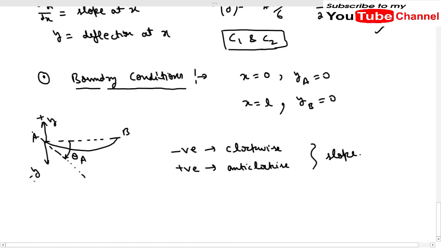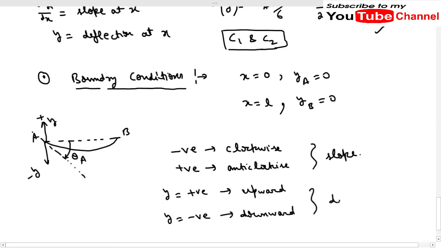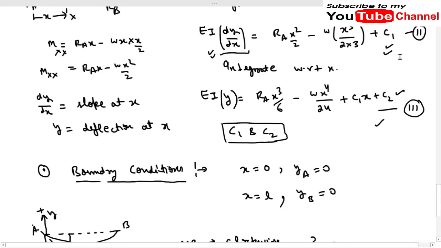So if we get a positive value of y, it means that the deflection is upward, and if we get a negative value of y, it means the deflection is downward. So this is the criterion for deflection. You can also visualize these sign conventions from equation number 2 and equation number 3.